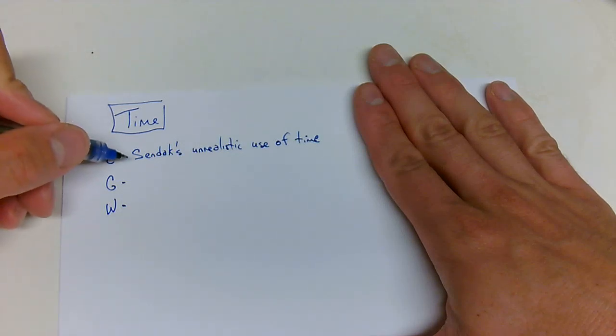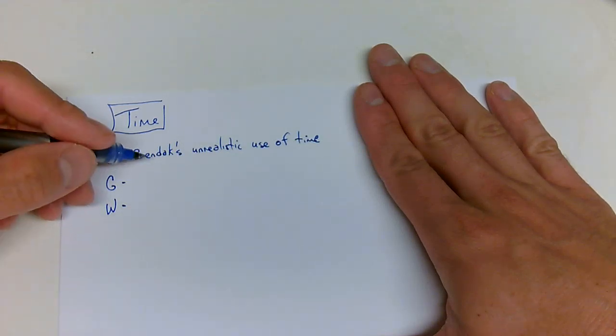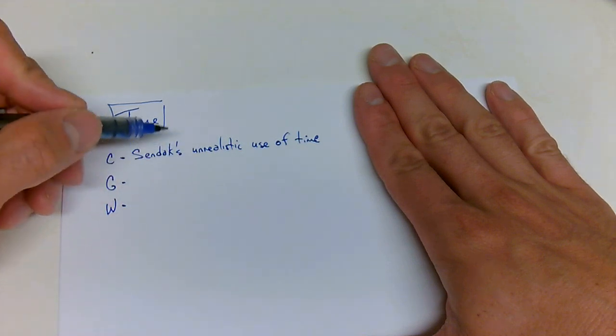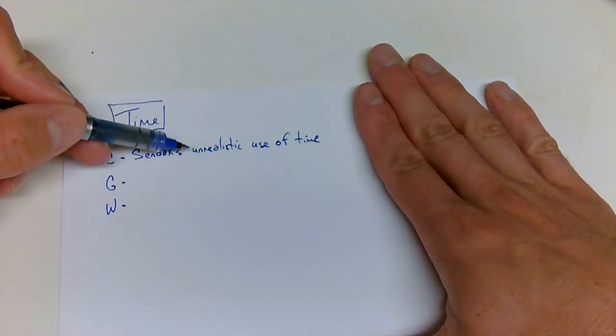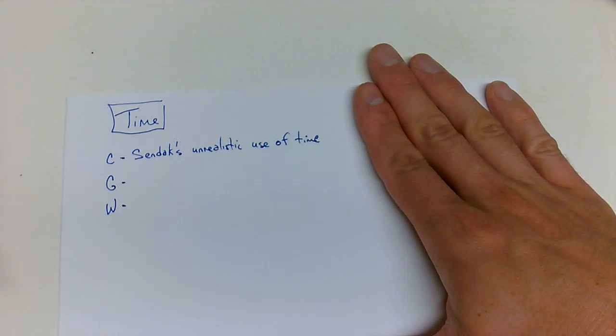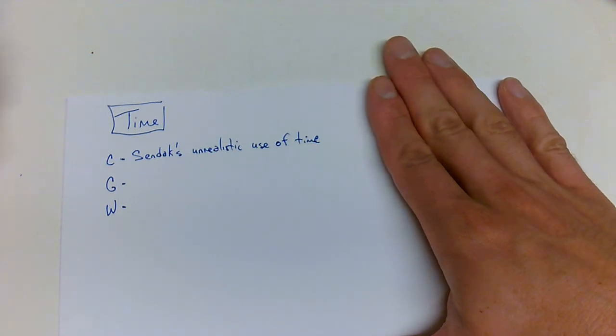So for me, why is his use of time so unrealistic? I'm just talking this through in my head. For me, I always think of childhood as kids just beginning to get a sense of what is time. A lot of the time we don't know how long something is or how quick something is because everything is so new to us.